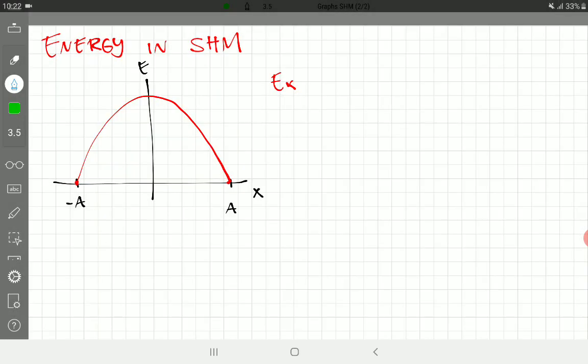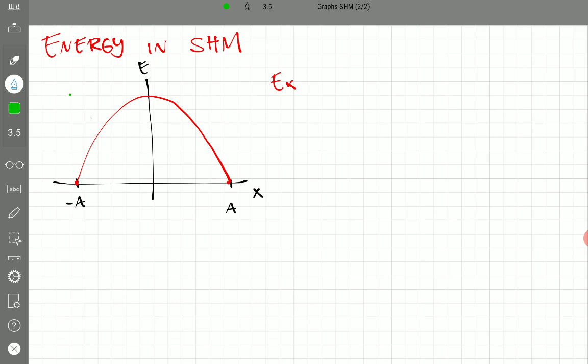But then the elastic potential energy, if I'm talking about a mass spring system, right? I forgot to say that, but we're talking about a mass spring system.